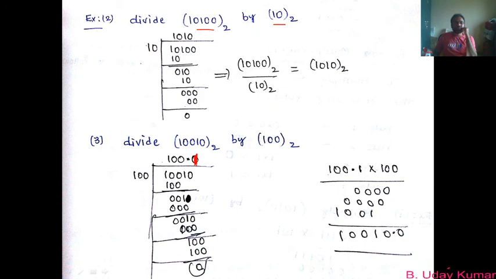If I divide 10100 by 10, what is the value that you get? Here the answer is already written over here. If you want to understand, let us go step by step. So we are multiplying 10 with 1, right? So now you know that 10 ones are 10, and hence 10 minus 10 is how much? If you subtract it, you get 0.